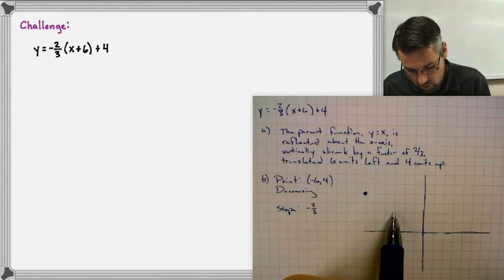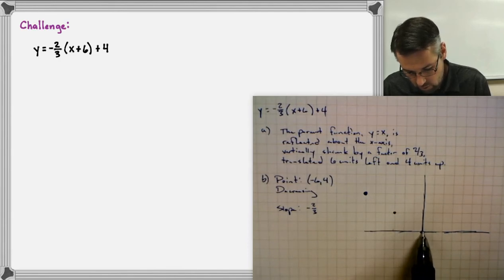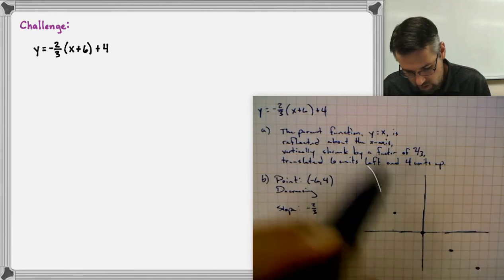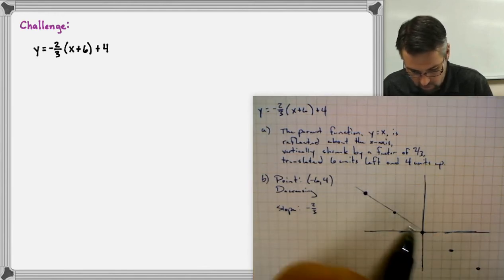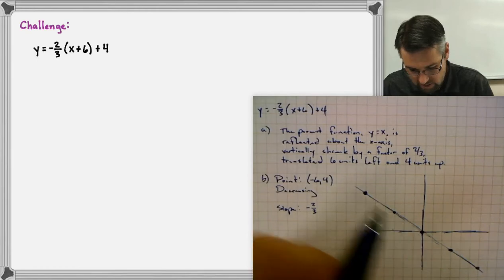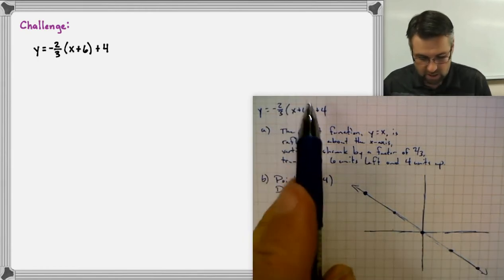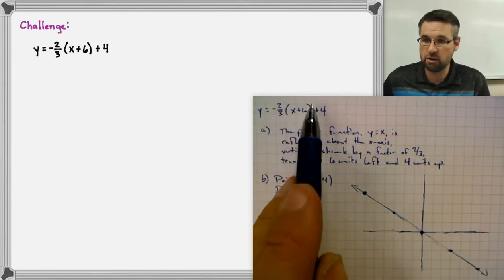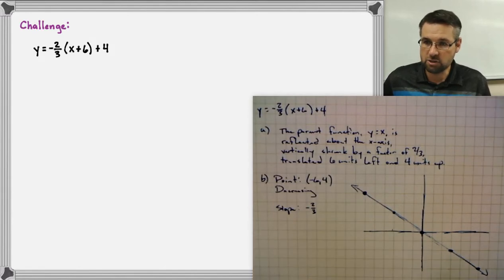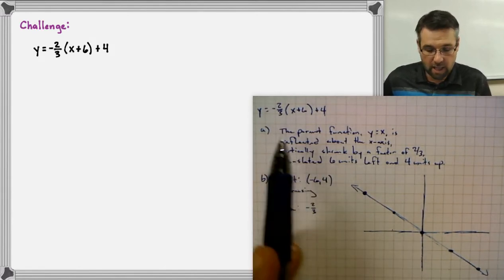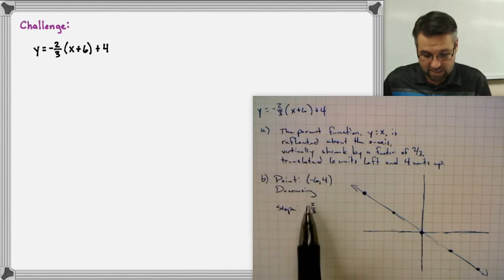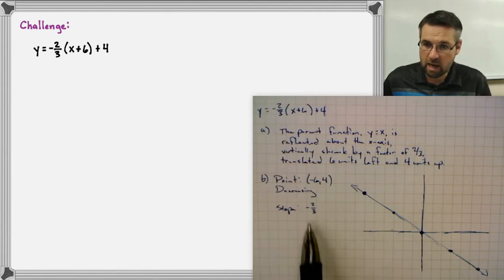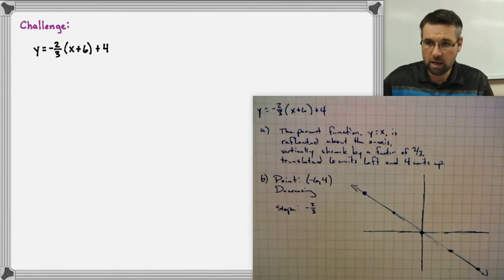So down 2 over 3, down 2 over 3, and so on. And we have our line. The reason it's a line is because the highest exponent here is a 1, not a 2. And so we can graph this line like we would a parabola, identifying your key point, identifying your slope pattern, and then just going with it along the way, okay?